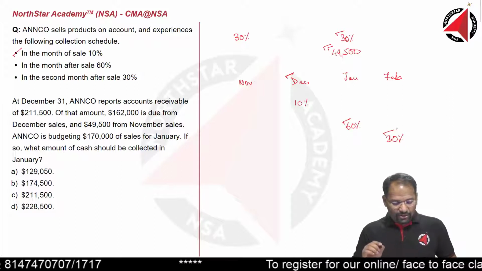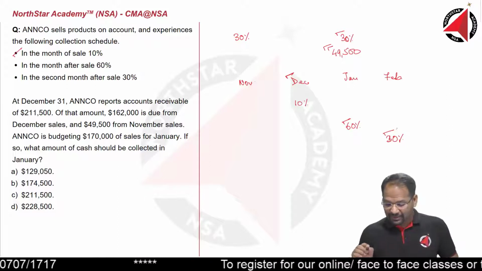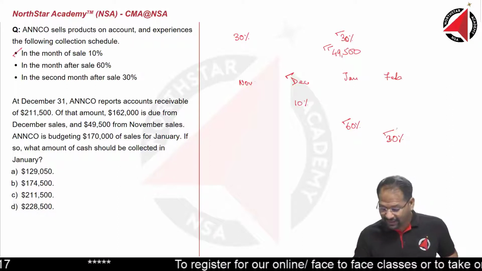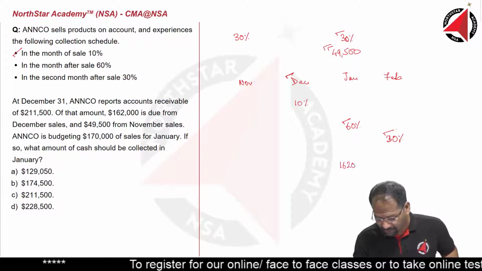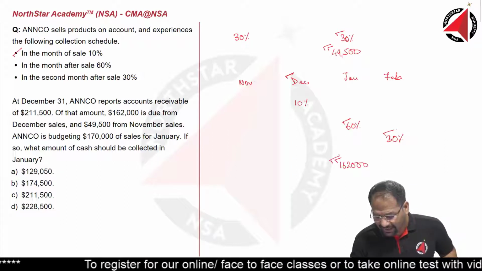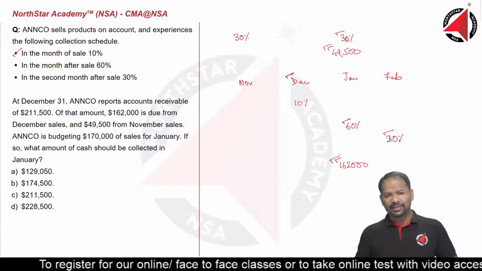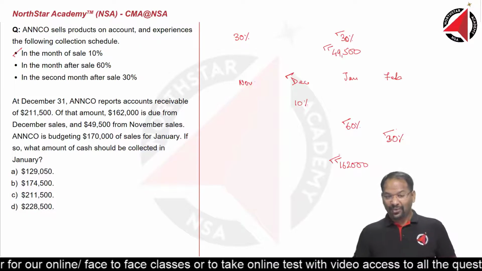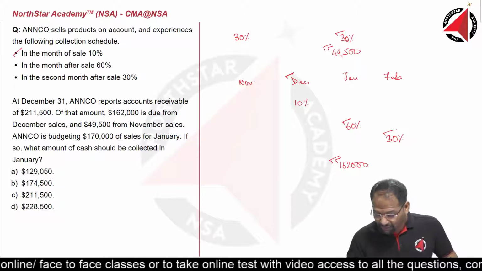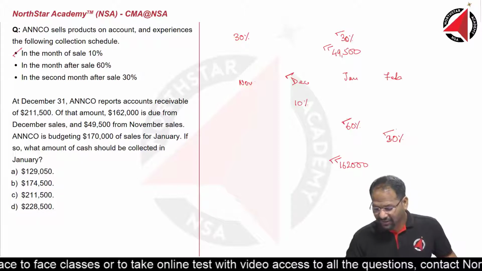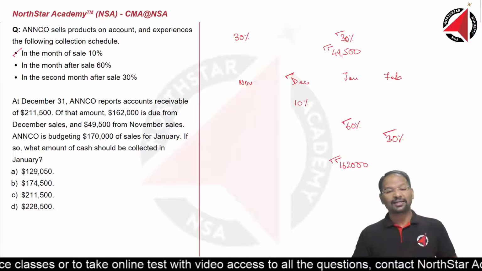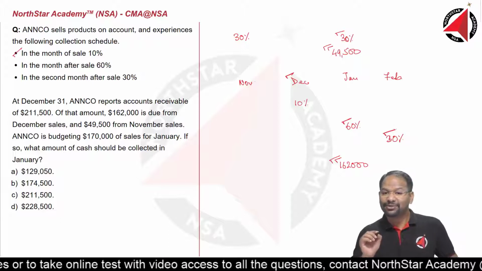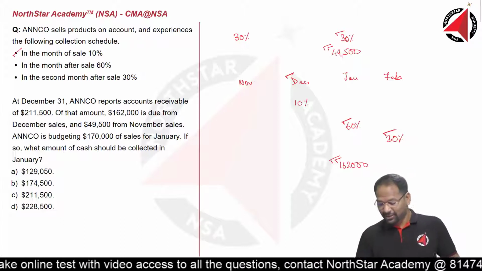As of now, the total accounts receivable balance from the December sales is 162,000. Now the question is, entire 162,000 shall be collected in the month of January? Answer is no. Why no? Because some portion of it will be collected in the month of January, and the balance portion shall be collected in the month of February.